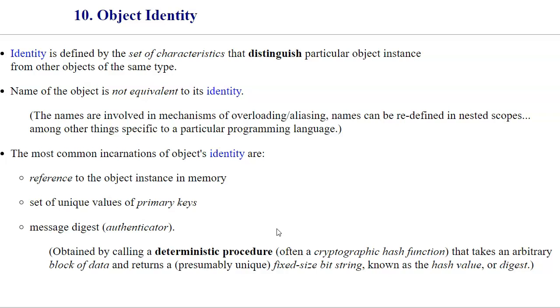In addition, we mentioned here a message digest example where, for instance, the content of a file can be uniquely identified. So basically the idea is that if you take a specific file with some information in it and make a copy of it, it should be considered to be the same file, even though you could have placed it in a different location on your file system or given it a different name.